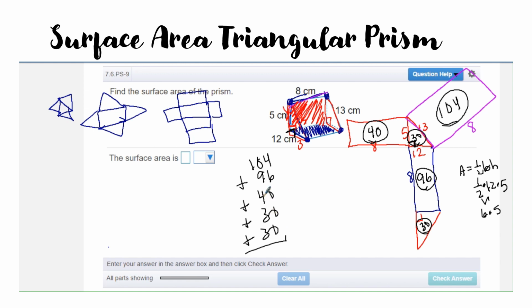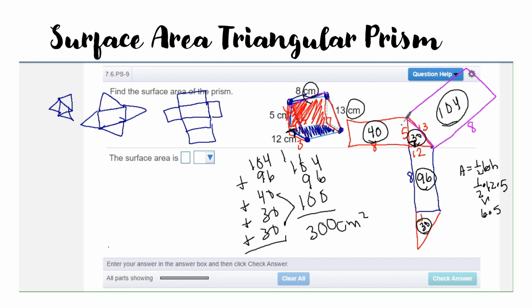So I know that 4 plus 6 is 10. So this is going to be 100. And then I'm going to add this to that. And then I'm going to add, so 300, and then since I multiplied 2 dimensions, centimeters times centimeters, it's going to be centimeters squared.